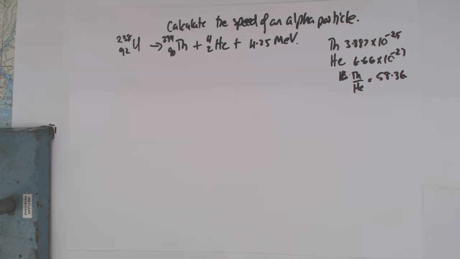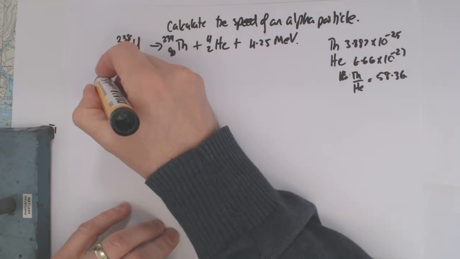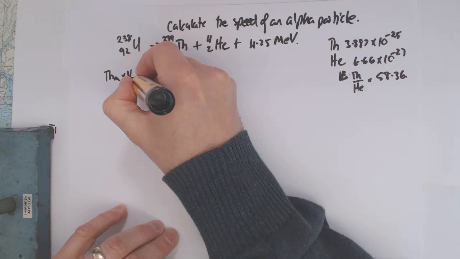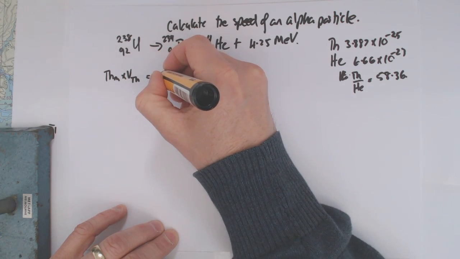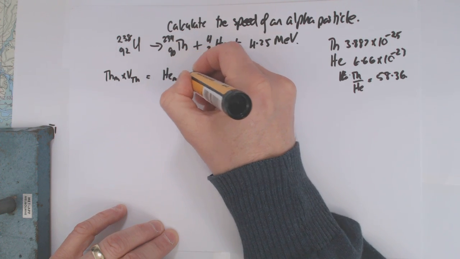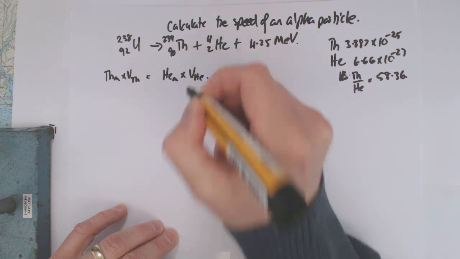Now for conservation of momentum to hold, we have to get the proportion of the velocities right, because the mass of thorium times the velocity of thorium must be equal to the mass of helium times the velocity of helium.